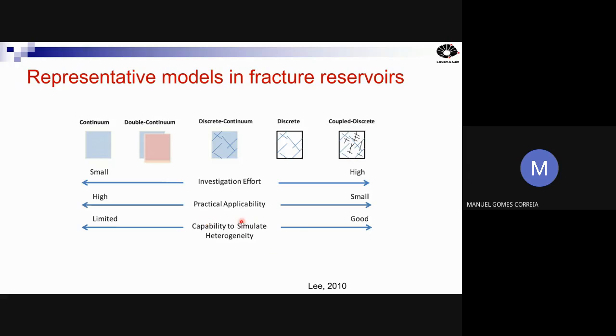However, they have the capability to simulate heterogeneity, which is good. In our programs, as I talked previously, we have a lot of limitations because our fractures are upscaled to a coarse grid block, okay?